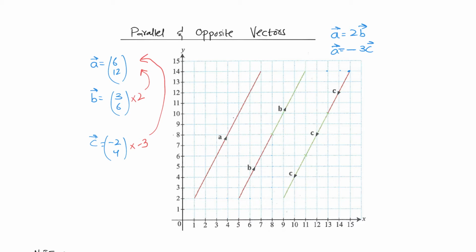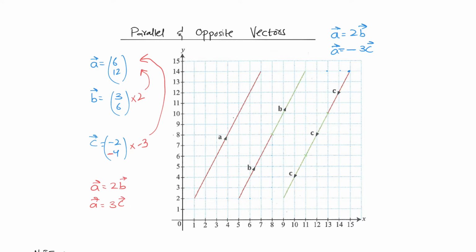So vector A is not equal to vector B. However, vector A is twice of vector B, and vector A is -3 times of vector C.